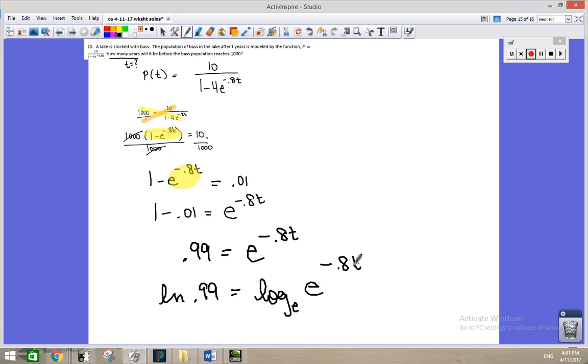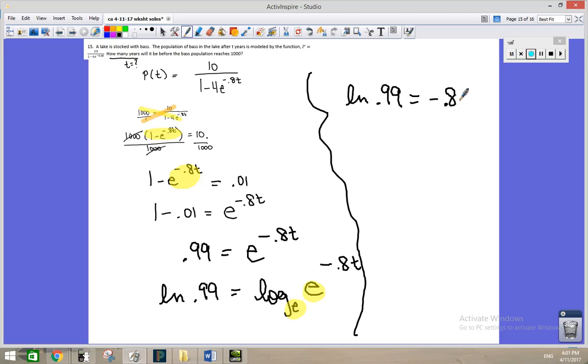That really emphasizes that this base and this base are the same. I have the natural log of 0.99 is equal to this negative 0.8t.